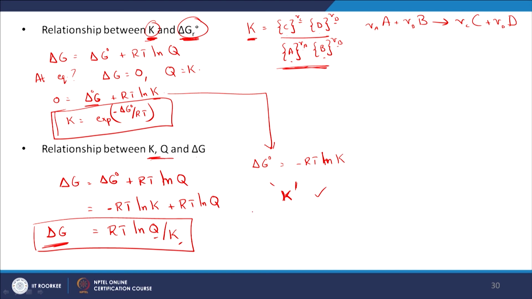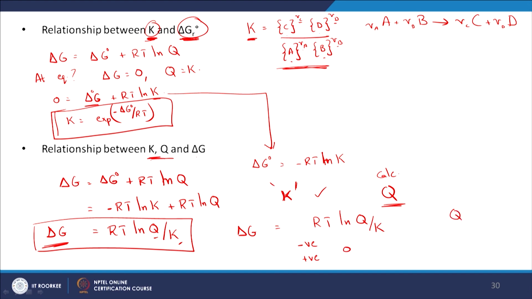If you can calculate the Q at any particular point in time, knowing the relevant activities or concentrations, you can calculate RT natural logarithm of Q by K. It will thus give you an idea about delta G: is delta G negative, is delta G positive, or is delta G 0.